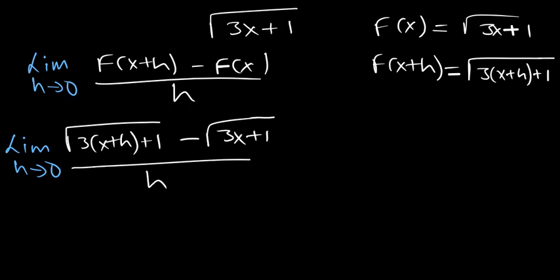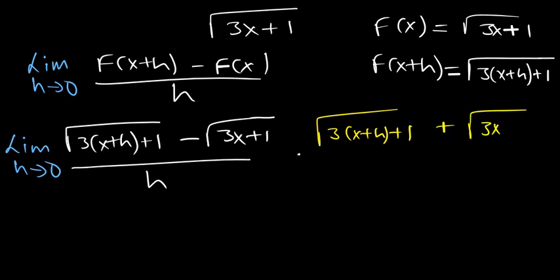Is there anything we can do to this? Obviously, we multiply by the conjugate. The conjugate requires you to change the sign in between. So the root of 3 open bracket x plus h plus 1, and the sign will change to positive, the root of 3x plus 1. All this should also be repeated in the denominator.